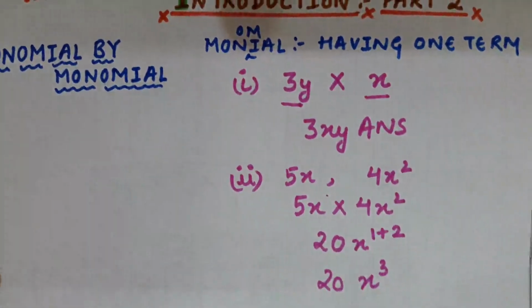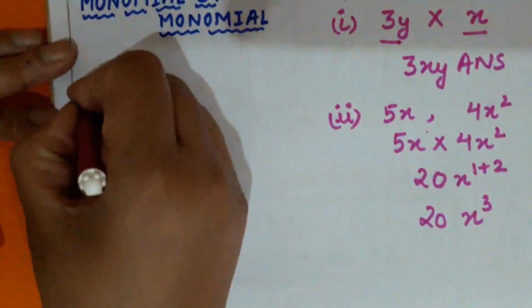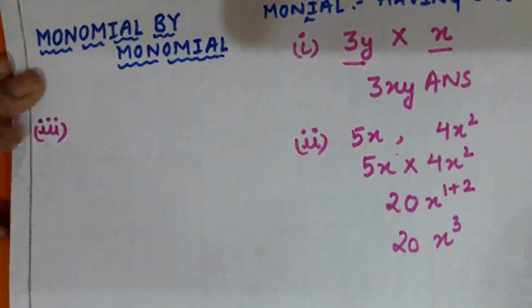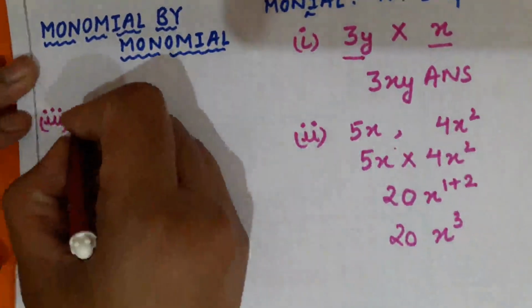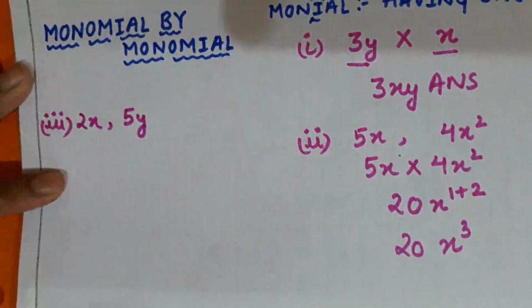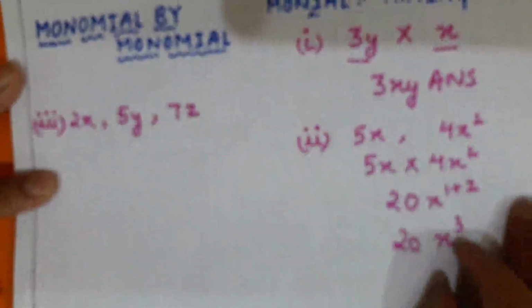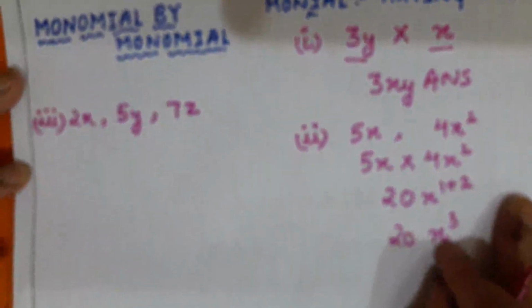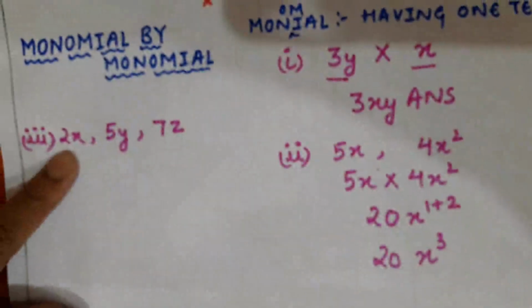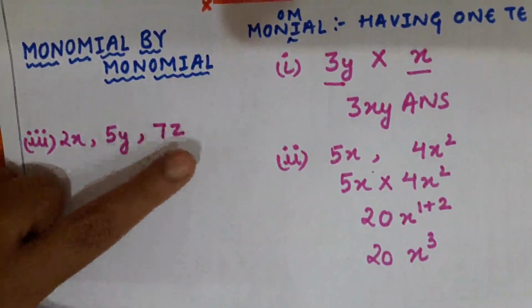Let's see the third example, in which we have three different terms to multiply: 2x, 5y and 7z. Three different expressions with different variables. 2 has variable x, 5 has variable y, and 7 has variable z.